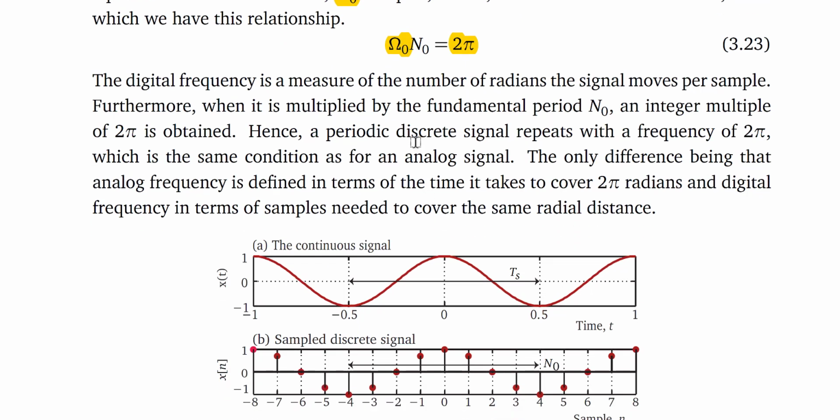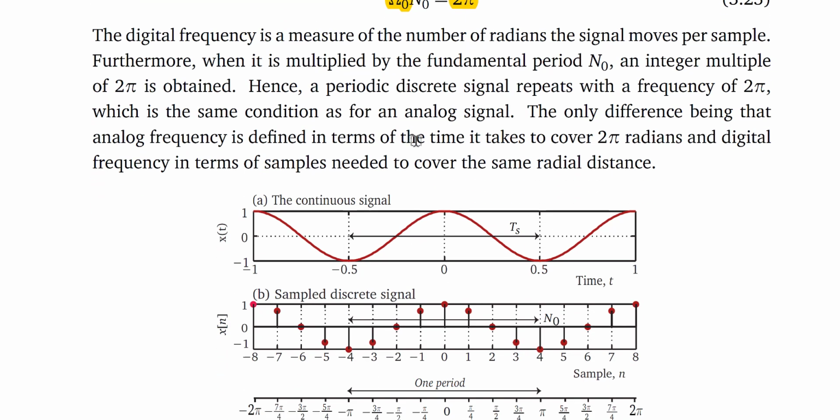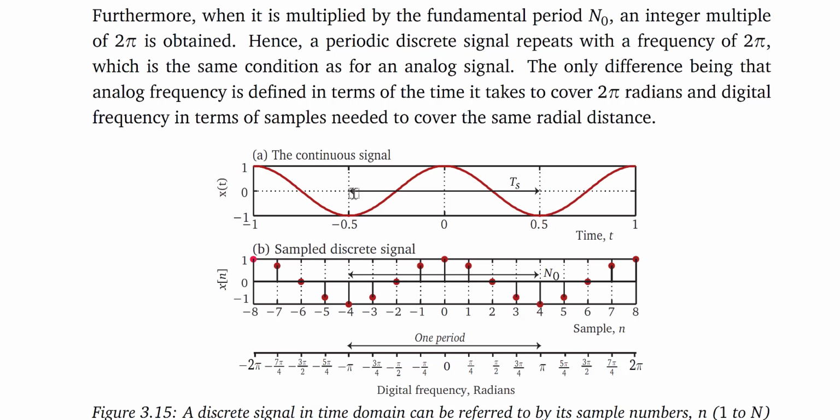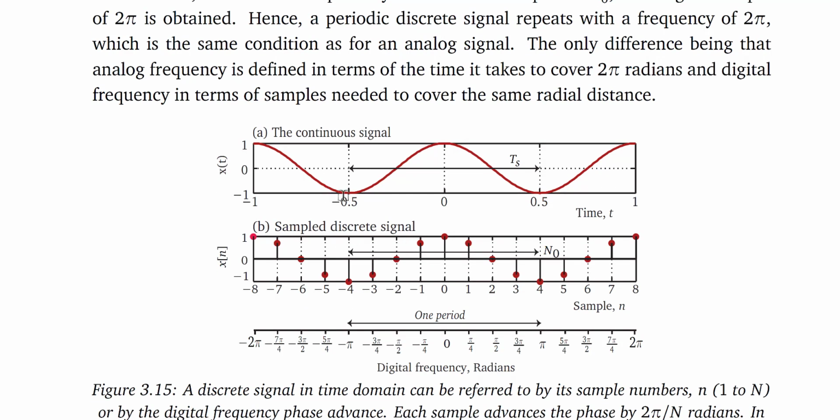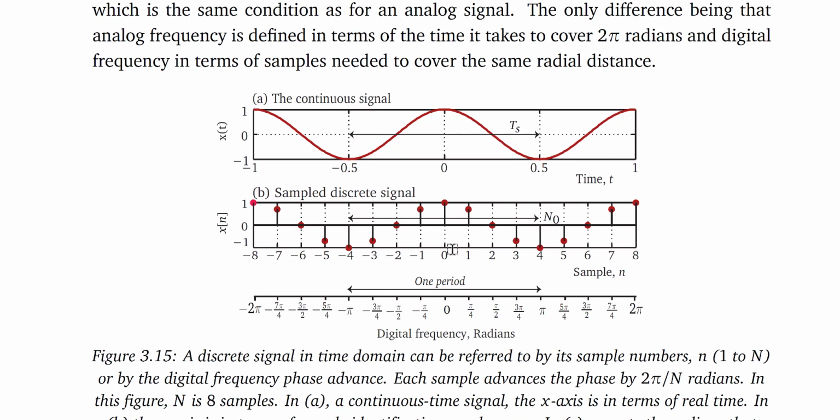So here, for example, we'll take a look at a discrete signal. This is the analog version, and we see that the period in time is 1 second, because it repeats from here to here, 1 second. Now we have a sampled version of the same thing, and this has been sampled at, it looks like, 9 samples, and so the period of this discrete signal would be called 9 samples. Now, one other way we can write it is in terms of the phase.